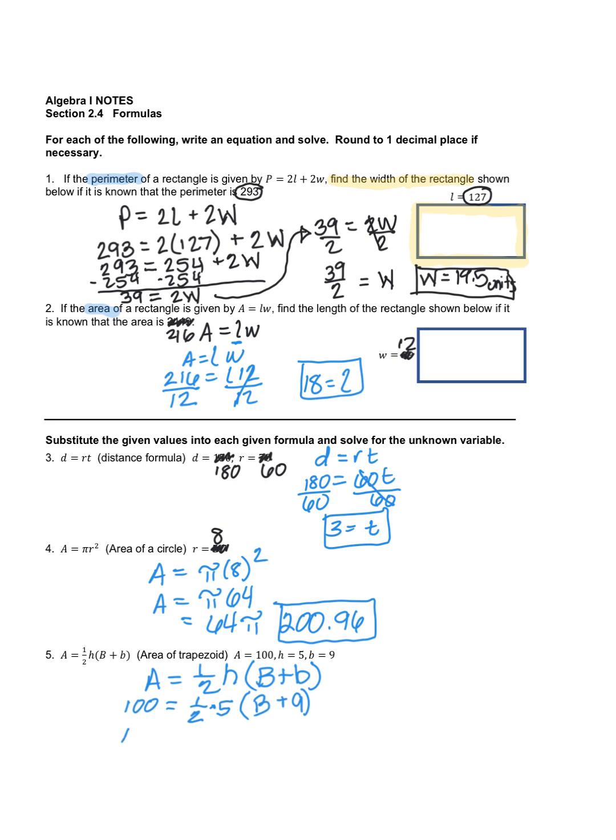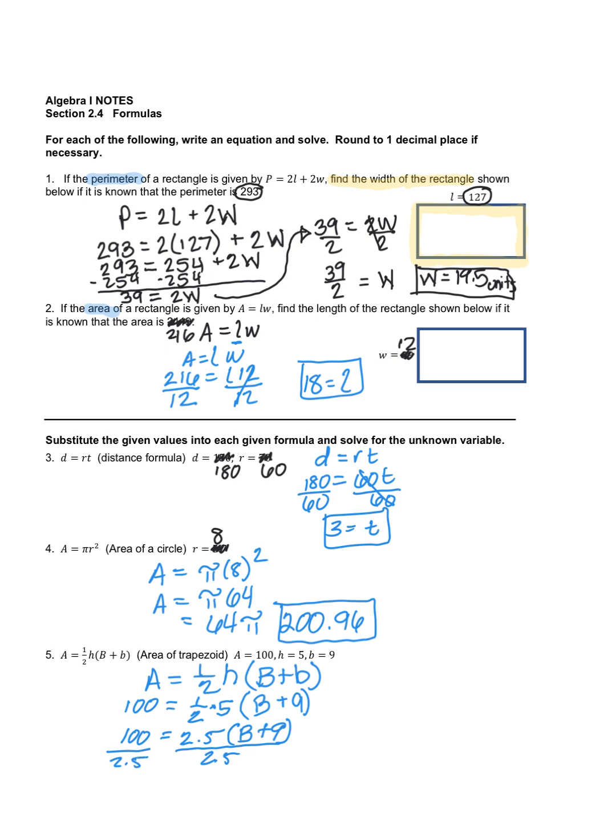We have 100 equals 1/2 of 5, which is 2.5. We have our capital B plus 9. So remember, we're just trying to isolate that capital B. So we need to divide out 2.5 on both sides.